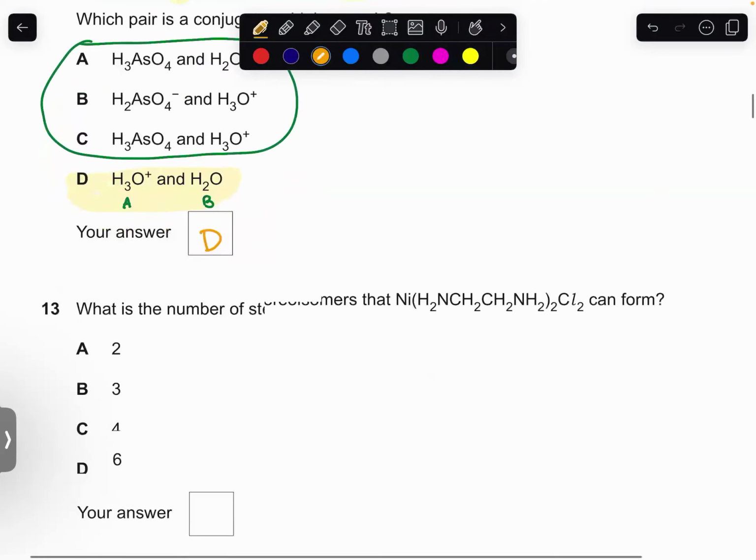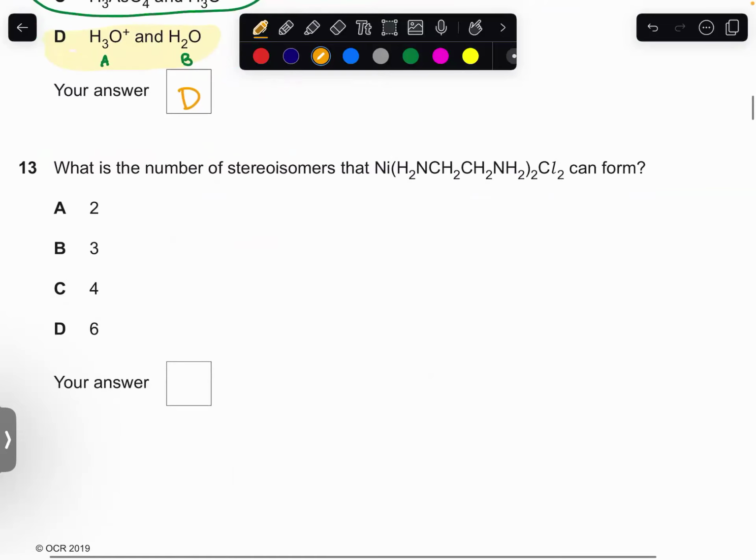Moving on. What is the number of stereoisomers that this complex can have? Stereoisomers. I'm just going to quickly give you a bit of a definition here.